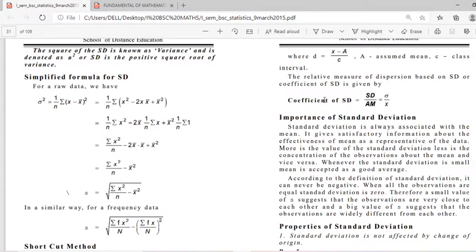Now we are considering the coefficient of standard deviation. So what is the formula for finding the coefficient of standard deviation? That is standard deviation divided by arithmetic mean. That means sigma by x bar. Here we have used sigma square, and the root of this one is called standard deviation. So the coefficient of standard deviation is equal to standard deviation by arithmetic mean, that is sigma by x bar, not x, it is x bar.